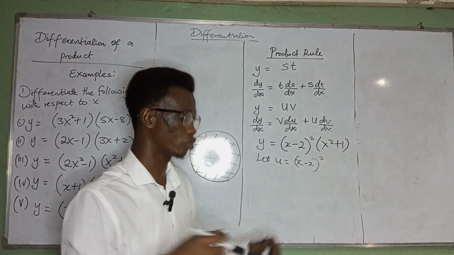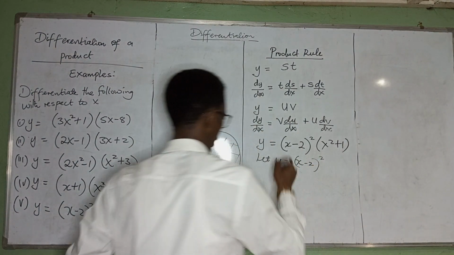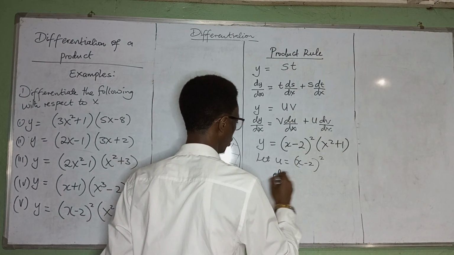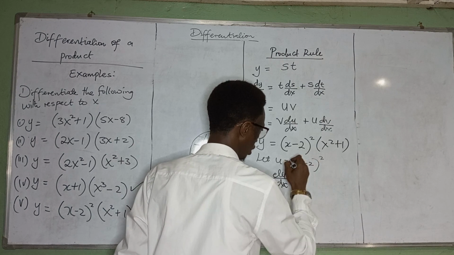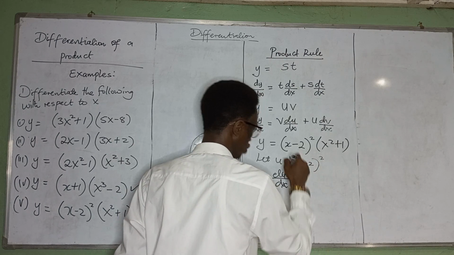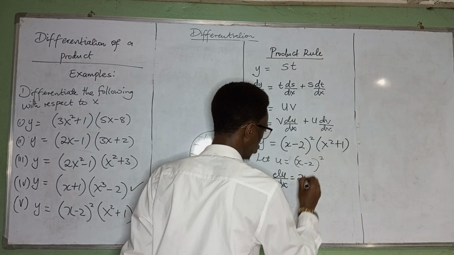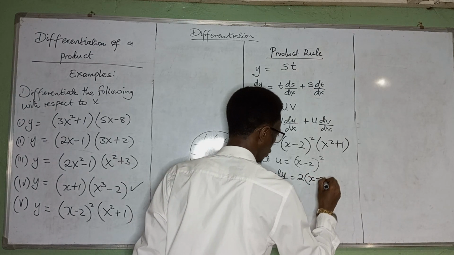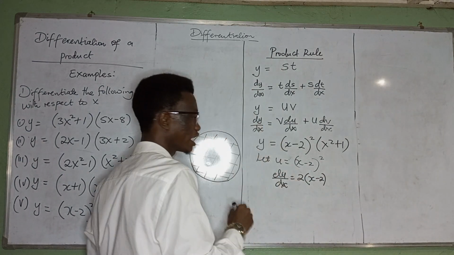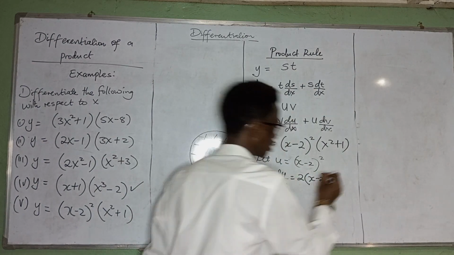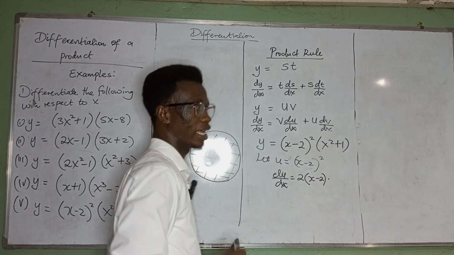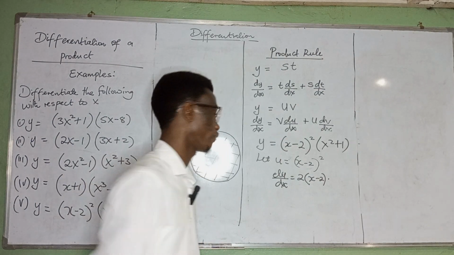So if you differentiate that, du by dx becomes 2 multiplied by x minus 2, since the coefficient here is 1. Now the next thing you have to do is differentiate what is inside the bracket, like differentiating a function by a function.